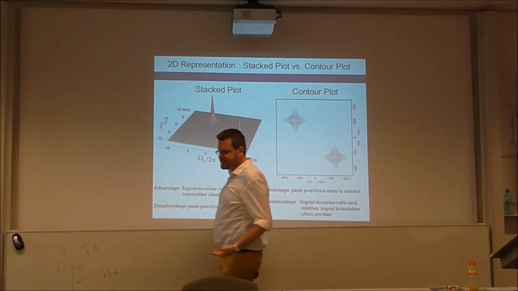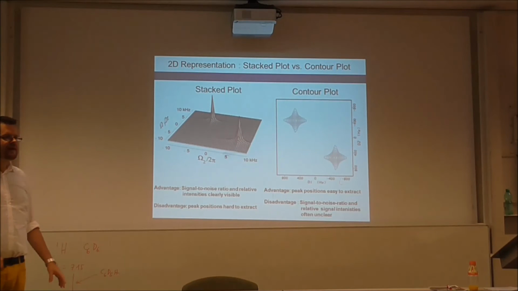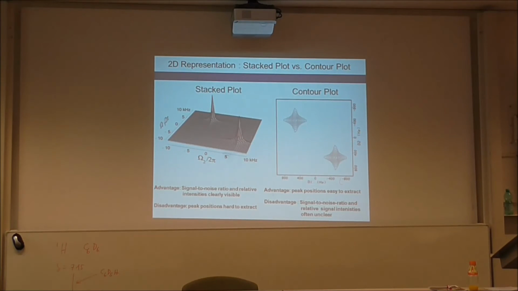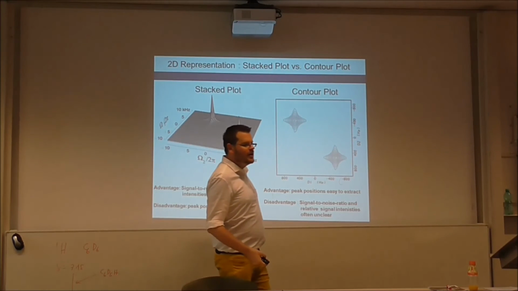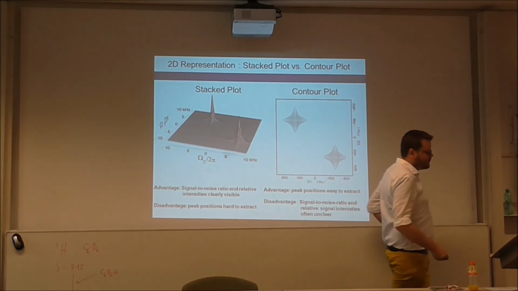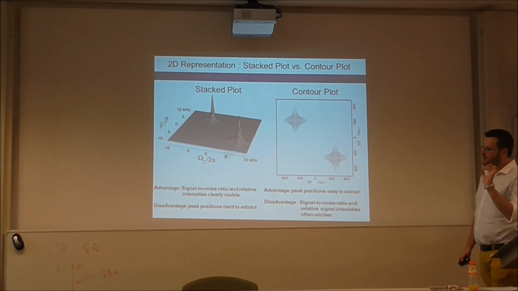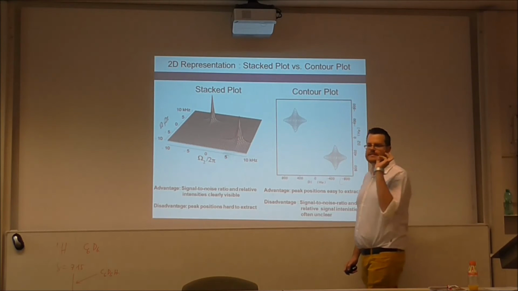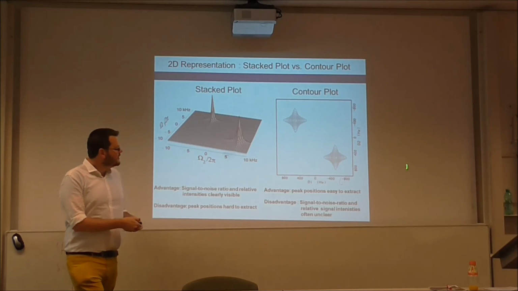There are advantages and disadvantages, but I can assure you that I personally have never worked with these. One always generally works with the contour plots. This is just cool to look at, and it's useful because sometimes you have extremely weak cross peaks that you cannot see in a slice.